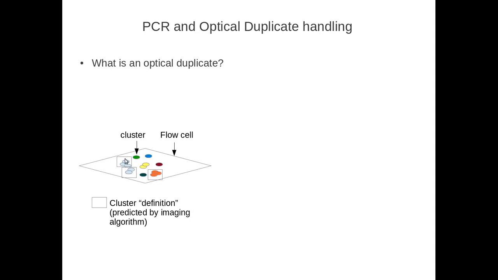Here, the light blue, I'm trying to illustrate that this cluster, which is sort of growing like an amoeba as it's proliferating on the flow cell, can be interpreted as actually being part of two clusters. Whereas this one is interpreted correctly as being one cluster. And then we could draw boxes around each of these individual clusters.